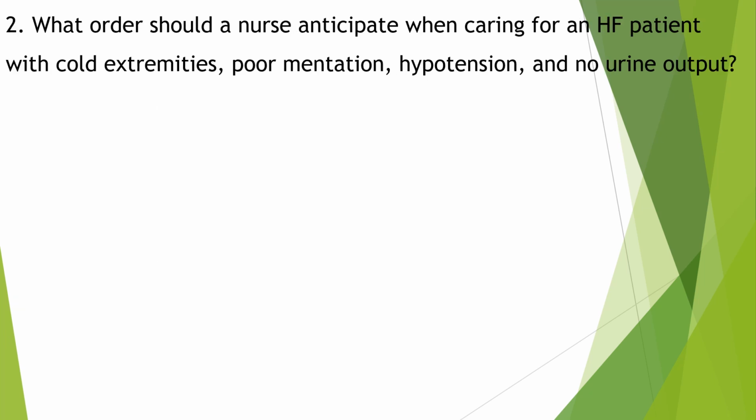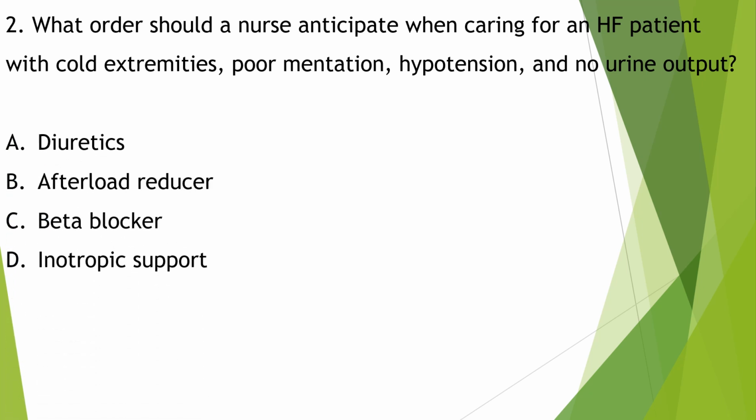What order should a nurse anticipate when caring for a heart failure patient with cold extremities, poor mentation, hypotension, and no urine output? Diuretics, afterload reducer, beta blocker, inotropic support.